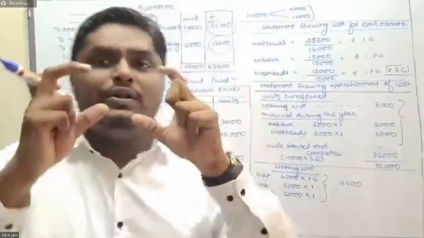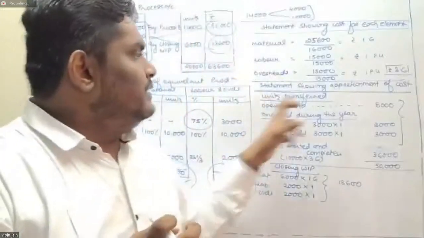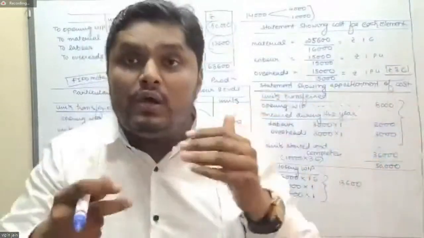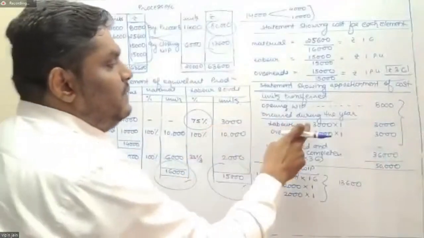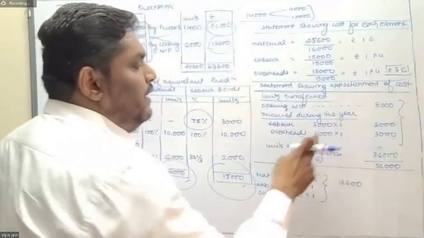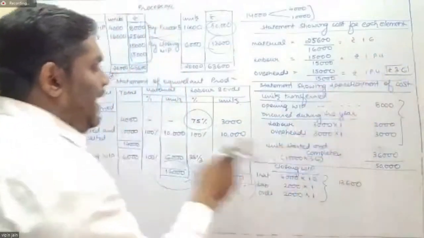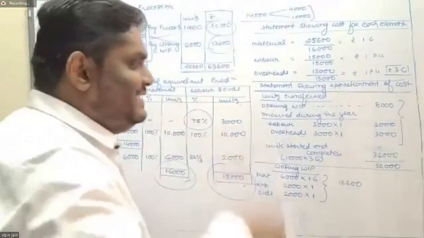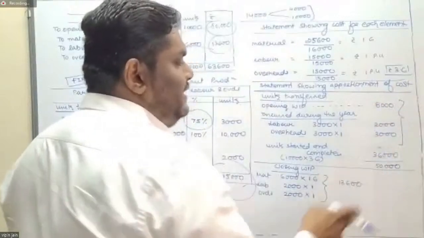So when talking about calculating the cost of these 4,000 units, the cost that is already incurred last year, that is 8,000. Now the cost that is incurred during this year, that is 3,000 units into 1 and 3,000 equivalent number of units into 1 for labor and overhead. Why not material? Because no work was done in respect of material this year. So this is how we have got 8 plus 6, 14,000.